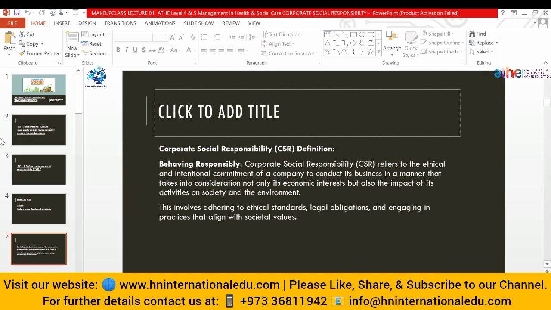CSR, according to behaving responsibly, this was the aspect from your indicative content. It refers to the ethical and intentional commitment of a company to conduct its business in a manner that takes into consideration not only its economic interest, but also the impact of its activities on society and the environment. Very easy to grasp this information.